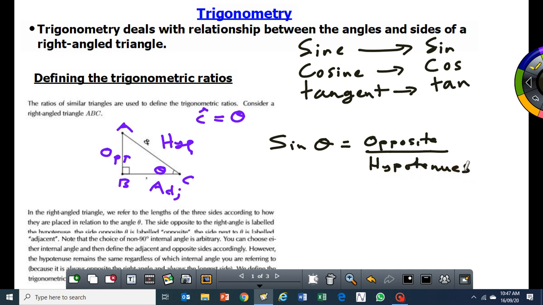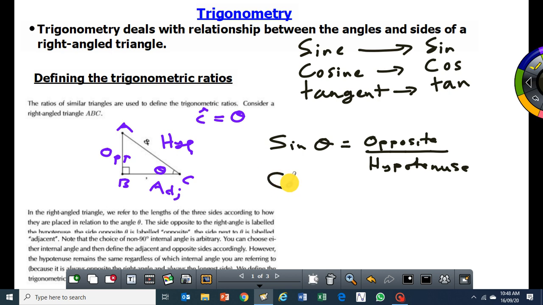Always remember that the opposite side depends on the reference angle. The reference angle determines which one of the two other sides is your opposite side. Once you identify your opposite side, the third side becomes the adjacent side, because the hypotenuse is constant. The hypotenuse does not change.